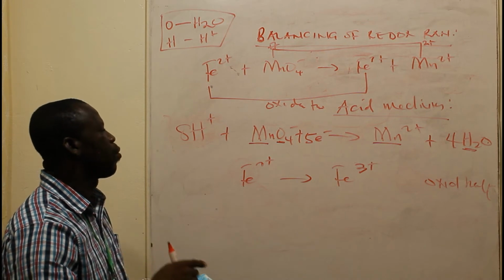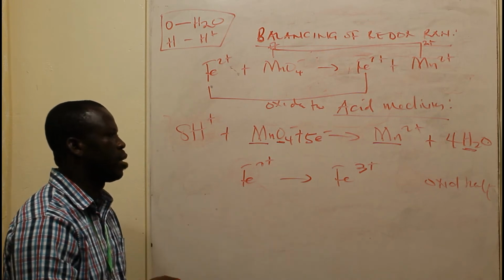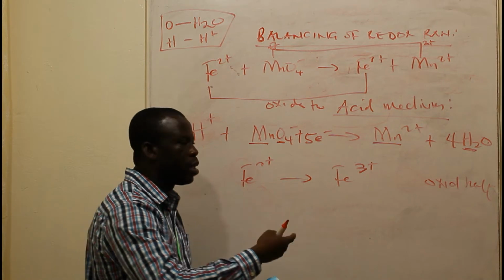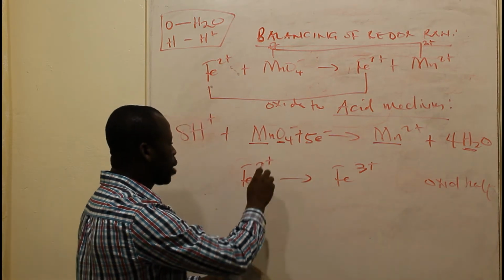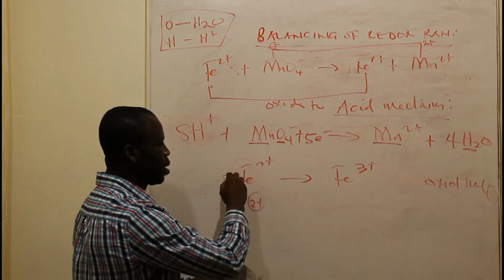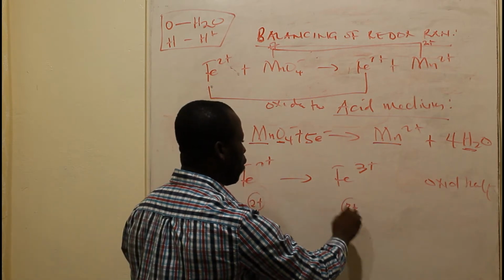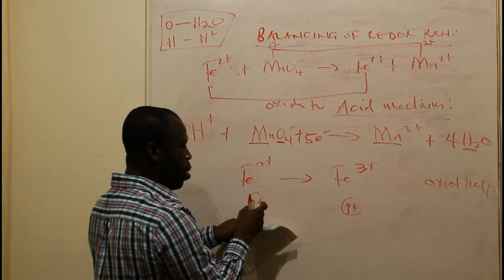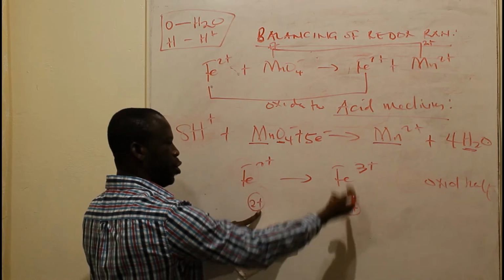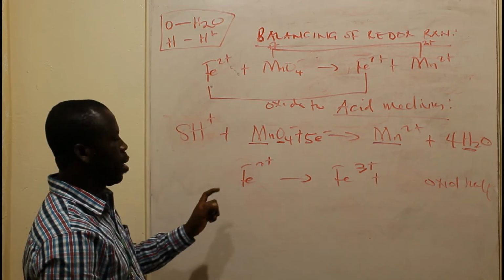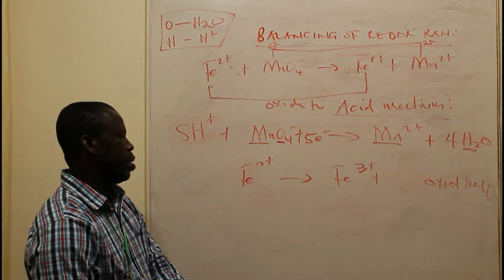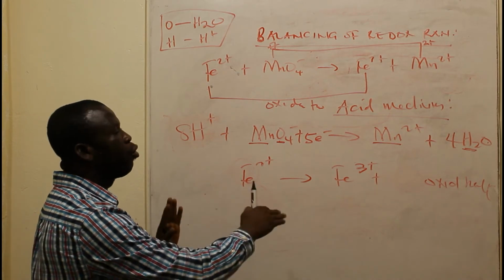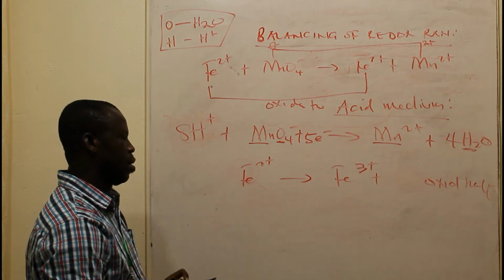I've told you that for the oxidation side, the electron must be at the product side. So we have a total of 2 pluses and 3 pluses.